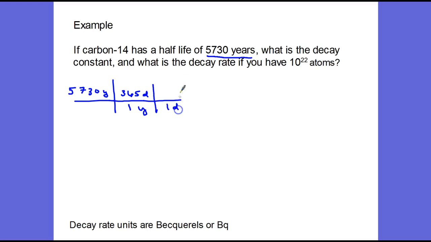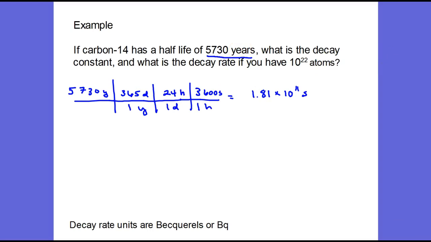In 1 day, there are 24 hours. And in 1 hour, there are 3,600 seconds. And so 5,730 times 365 times 24 times 3,600, that's a lot. That is 1.81 times 10 to the 11th seconds.